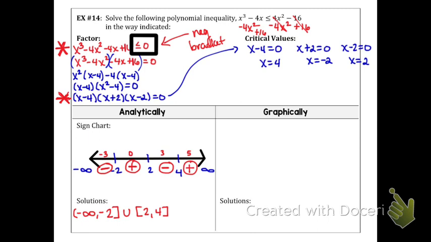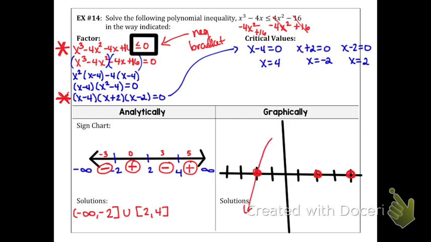And then graphically, we could graph this equation. And so I know I have zeros at 4, 2, and negative 2. And when I look at my graph, I can see that it looks something like this.